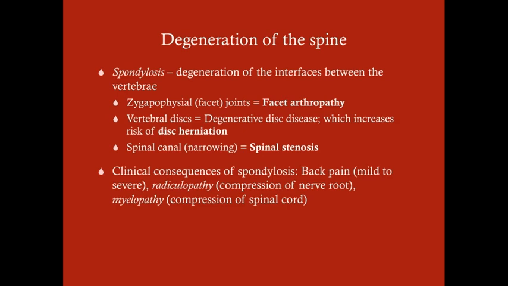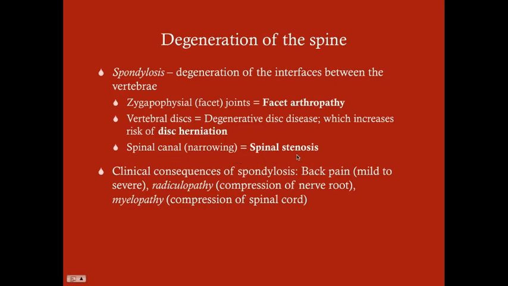Degeneration of the vertebral discs is just referred to as degenerative disc disease, which increases your risk of disc herniation, which is a particular problem which can cause compression on the spinal nerves and also possibly on the spinal cord itself. And then spinal canal narrowing is also a result of degeneration of the spine, and that causes spinal stenosis.